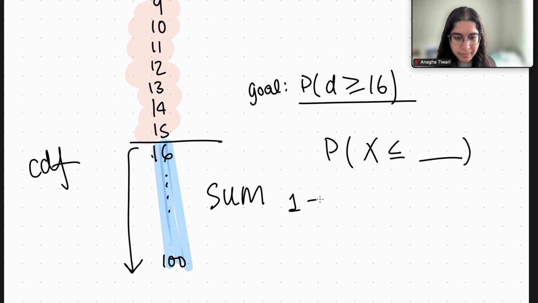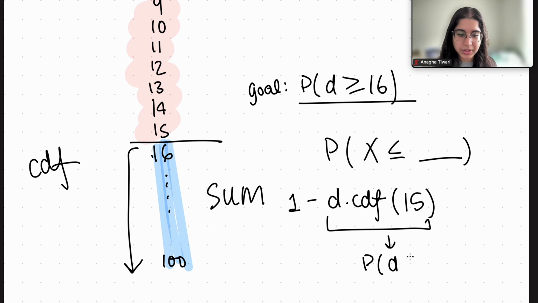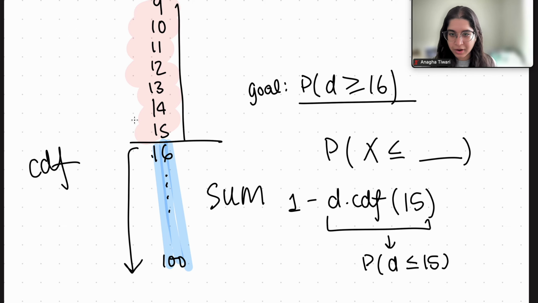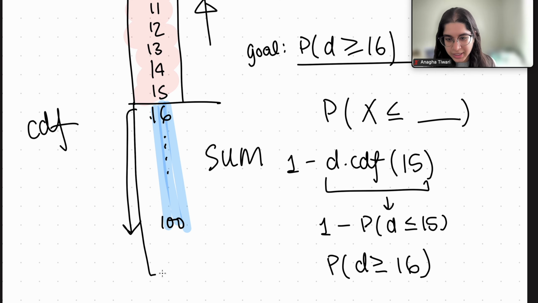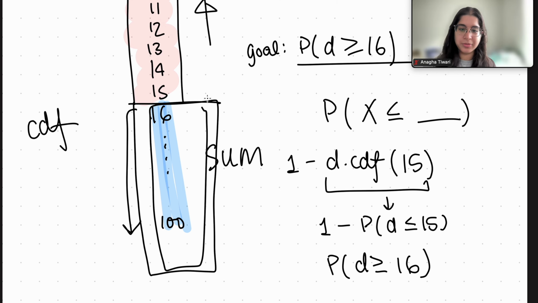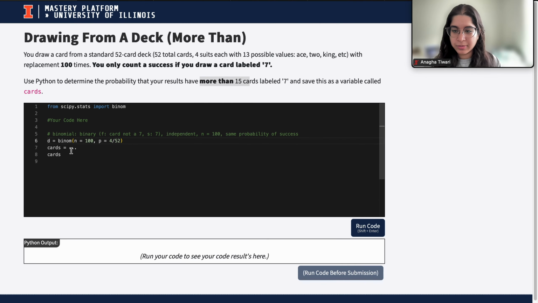If I do 1 minus that, I'm left with the probability that D can take on values greater than or equal to 16, the sum of all these probabilities down here, which is what I want. So 1 minus d.cdf of 15 will be our answer.